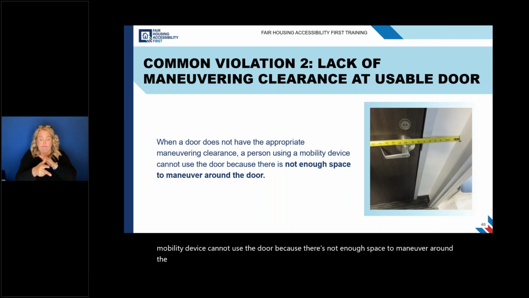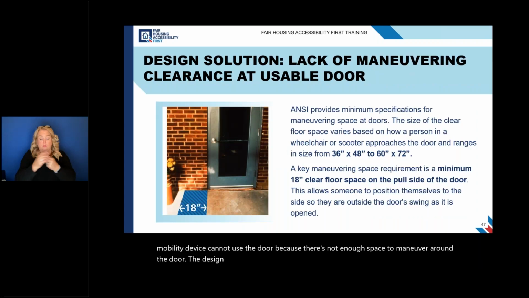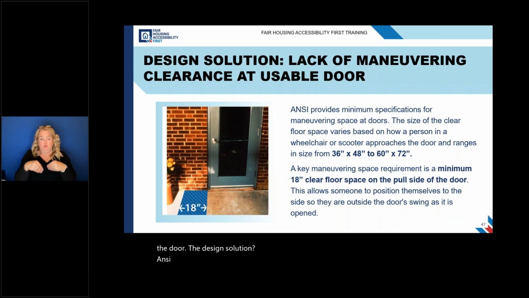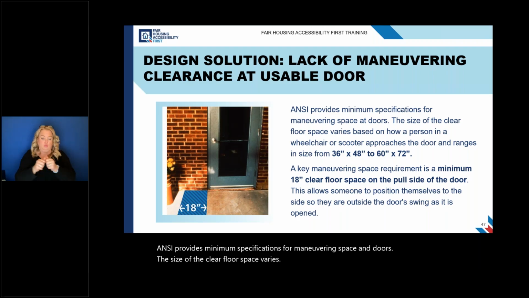The design solution, ANSI provides minimum specifications for maneuvering space at doors. The size of the clear floor space varies depending on how a person in a wheelchair or scooter approaches the door.